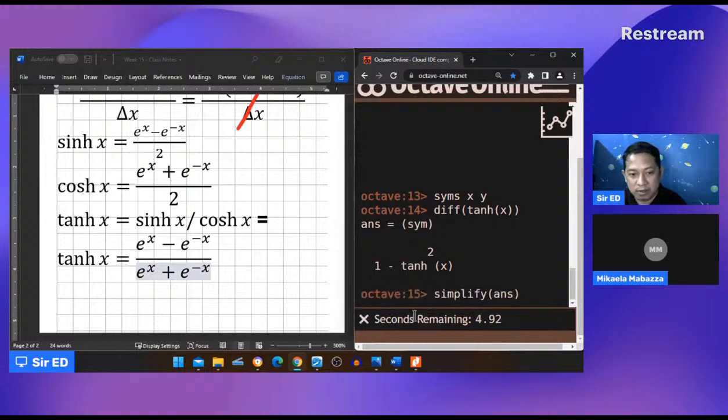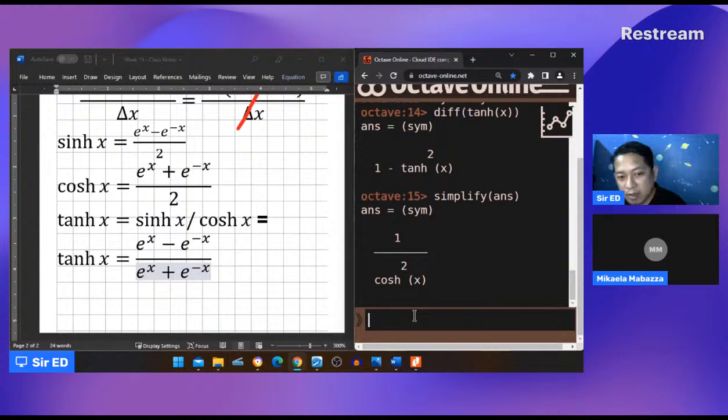Simplify answer. Ayan. So, ang lalabas dyan ay yung reciprocal ng cosine, ano, Micaela? Secant. So, it becomes hyperbolic secant of x. Ganun yun. Tama ba? Am I right? Kasi dito, 1 over hyperbolic cosine squared. Hyperbolic secant squared of x. Okay? So, medyo komplikado lang yung tangent, pero it's still derivable.